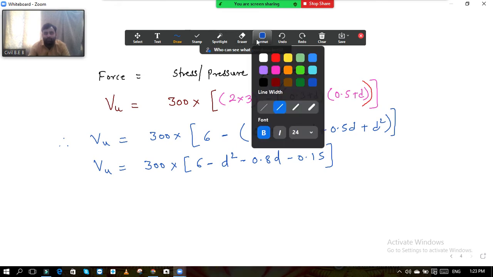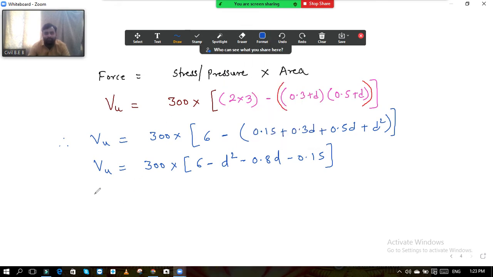Again if we simplify this, VU is equal to 300 into minus d square, 6 minus 0.15, that is 5.85, minus 0.8d minus d square.